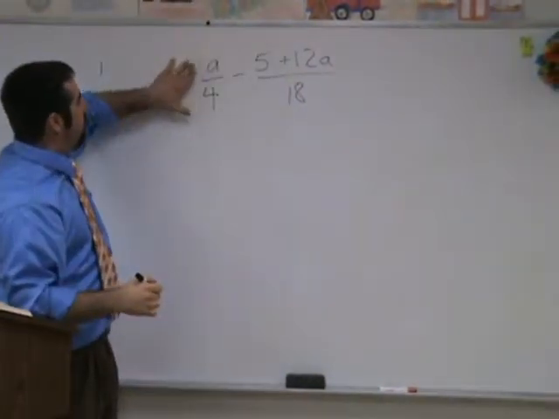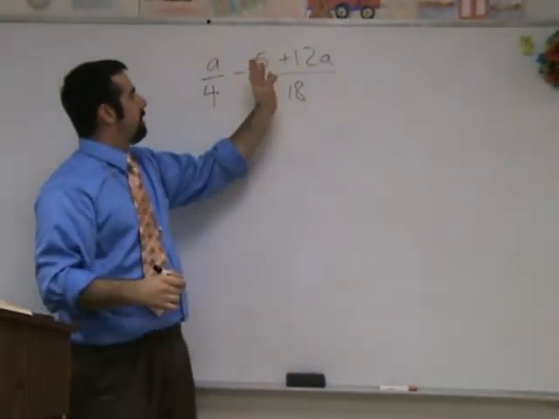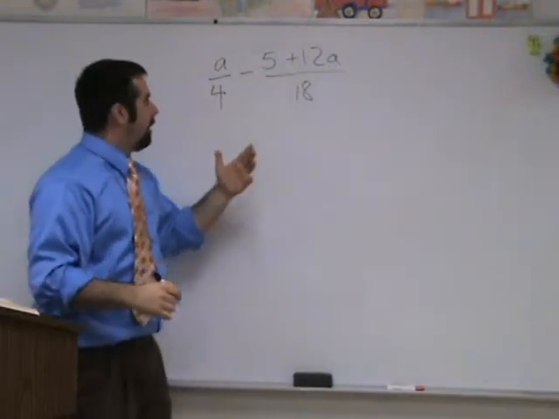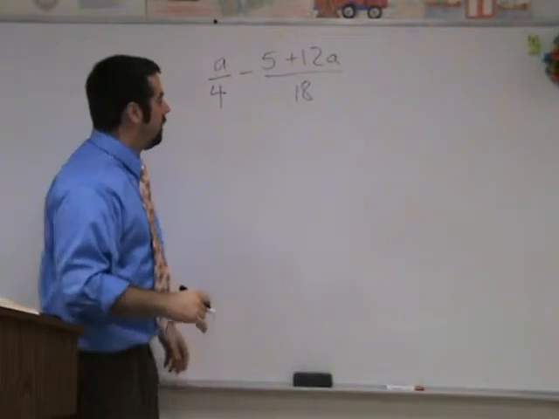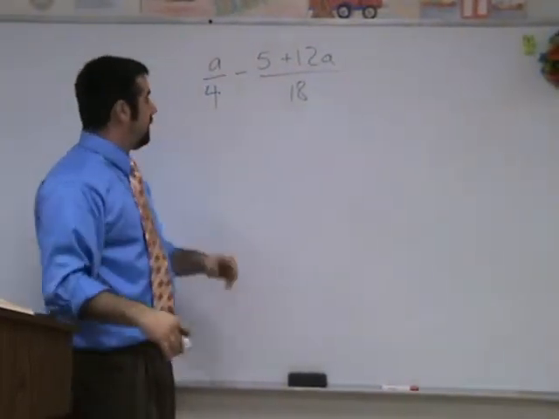Okay, so here I have a over 4 minus 5 plus 12a over 18. So I need to find a common denominator between the 4 and the 18. So go ahead and do that. Hopefully, this isn't too complicated.